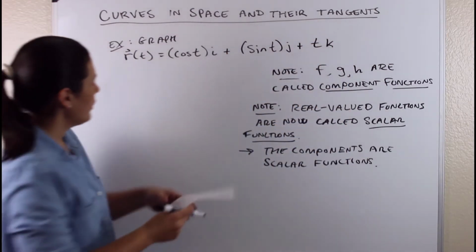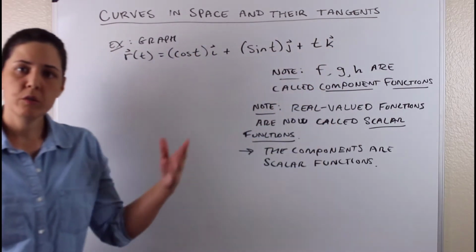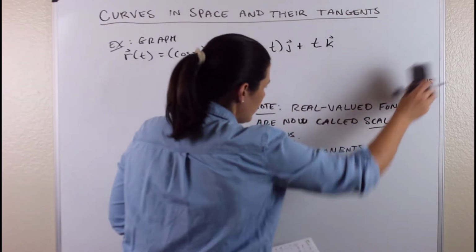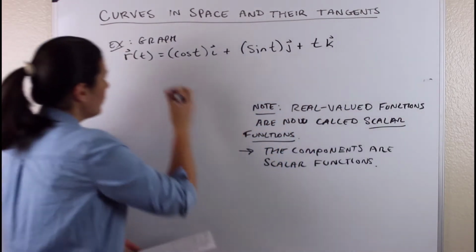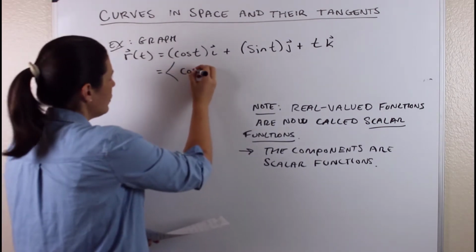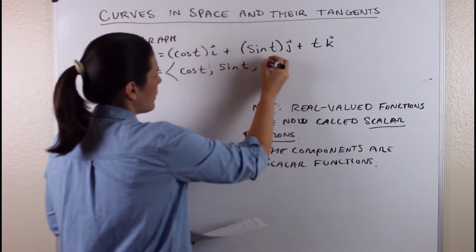If you want, you can put your vector notation on i, j, and k, or you can also use the component form. If you'd rather use this notation, just make sure to use your angled brackets. You could say ⟨cosine t, sine t, t⟩.